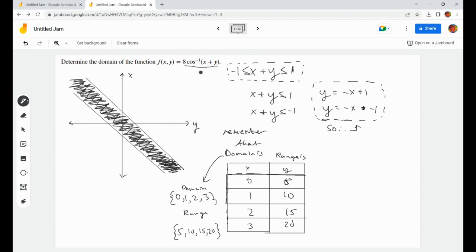This one, I got tricked by this. I thought it was going to be 8 over here and then 8 over here, something like this. It's not, because if you look at the domain, you're looking at the plug-in options, and the plug-in option only matters about these two and what qualifies it as not possible.